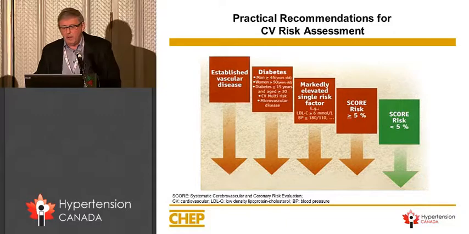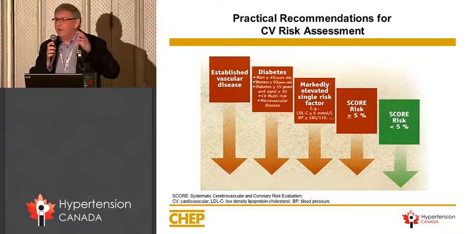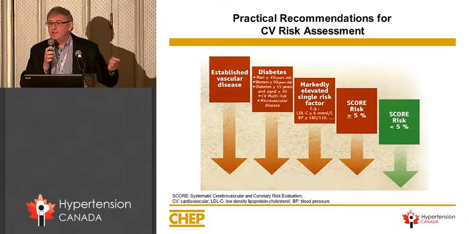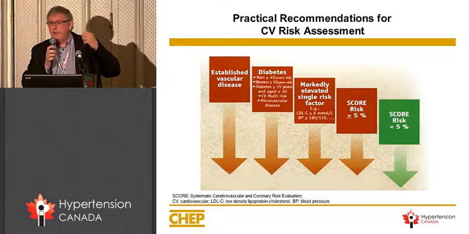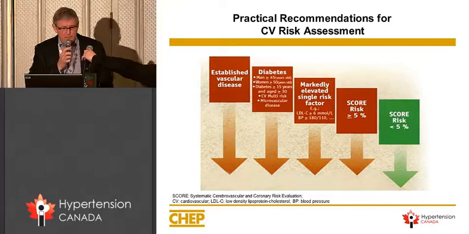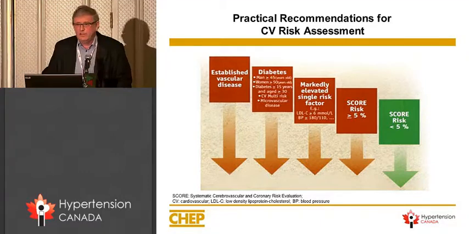A single markedly elevated risk factor puts you automatically at high risk. So basically, are they established vascular? Are they diabetic, fairly long-standing? Do they have a single elevated risk factor? They are high risk. This does not concern my presentation today.